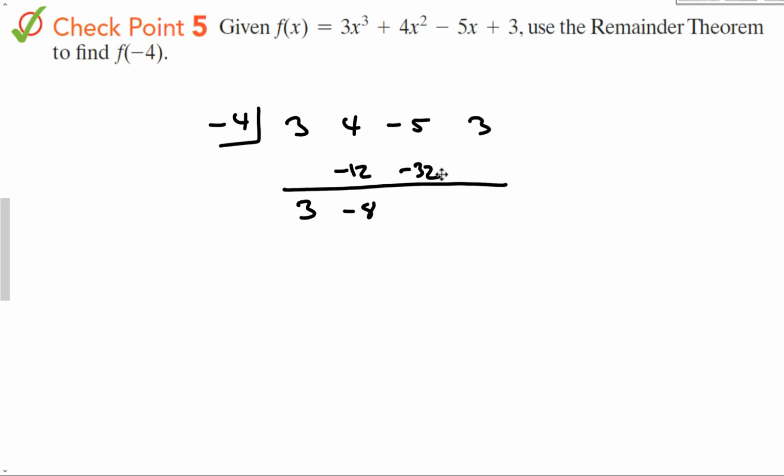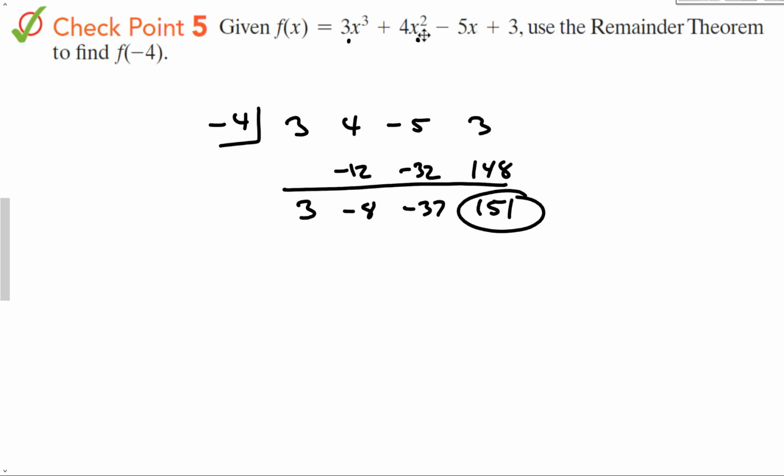Add, we get a minus 37. Multiply, we get 148. And add, we get 151. So much easier to do this than to cube negative 4, add it to 4 squared, and work it out the longer way.